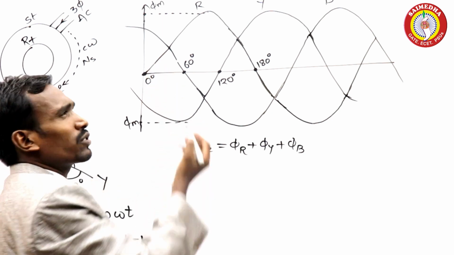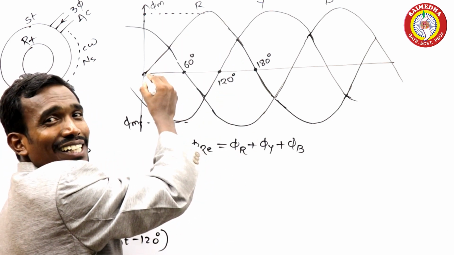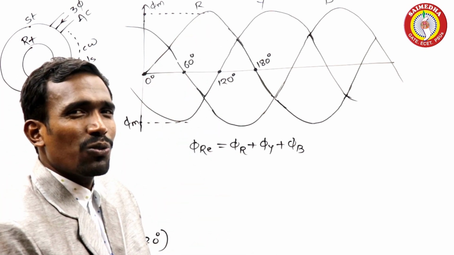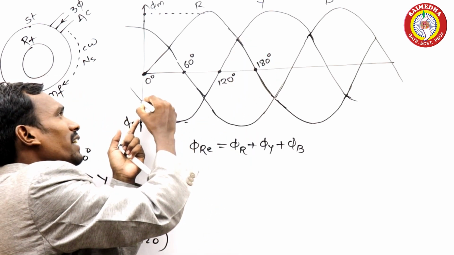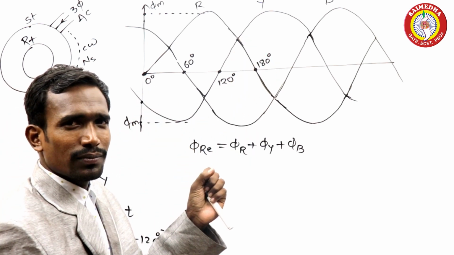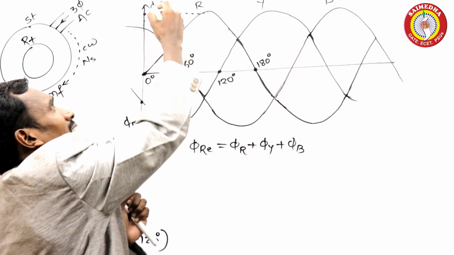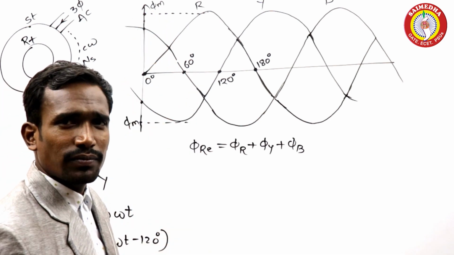At omega t equal to 0, the R phase is 0. What is the Y phase? Y phase is negative, some quantity, not 0, not maximum. What is the B phase? B phase is positive, some quantity, not maximum, not 0.